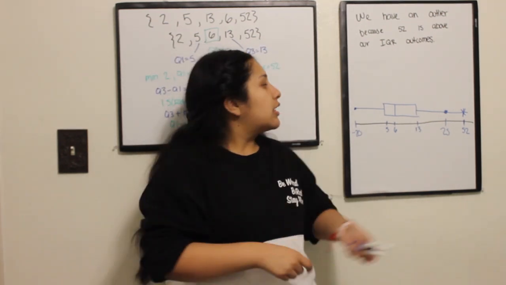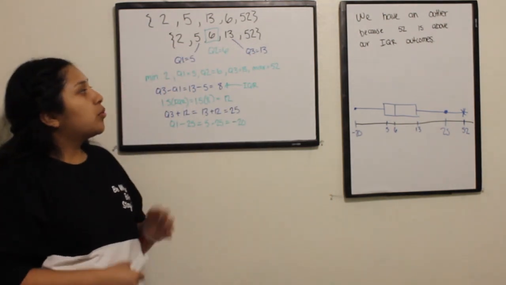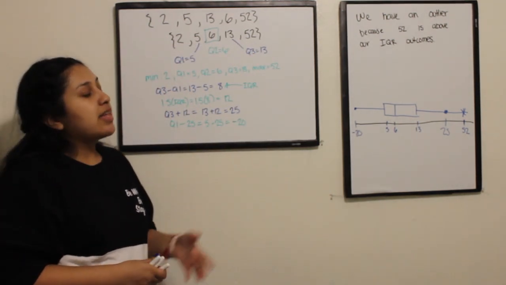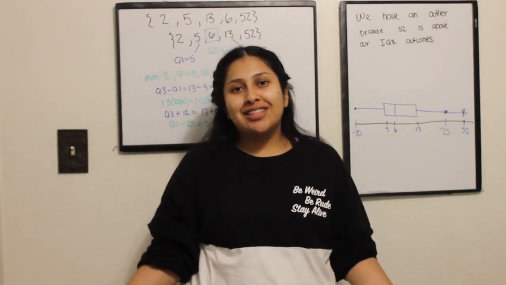So then this is our graph chart, our line graph, and this is our work that we worked on. So then that concludes our lesson for interquartile range, and I hope it was successful. Thank you.